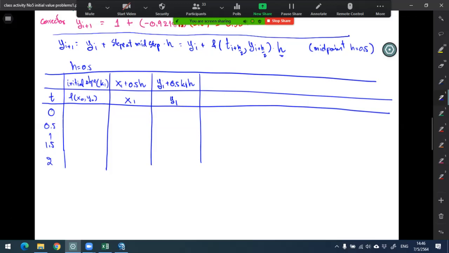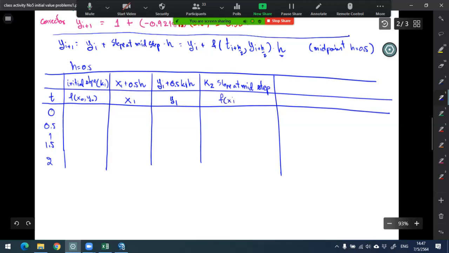After that, we have x1 and y1 from the Euler method that we solved for the value of y at mid-step. Then we determine k2. K2 represents the slope at midpoint, at mid-step. And this we call f of x1, y1.